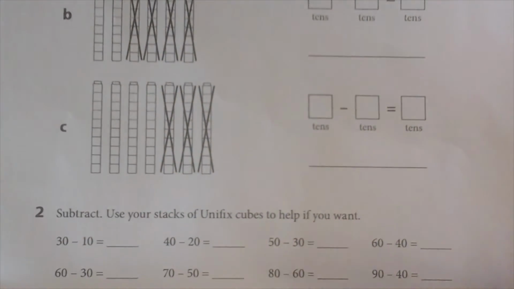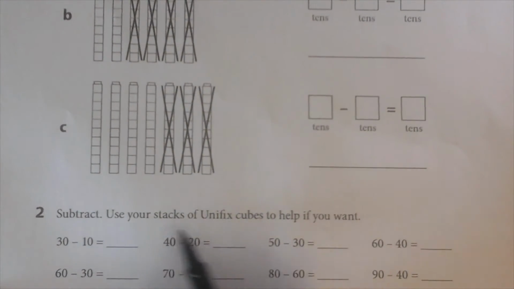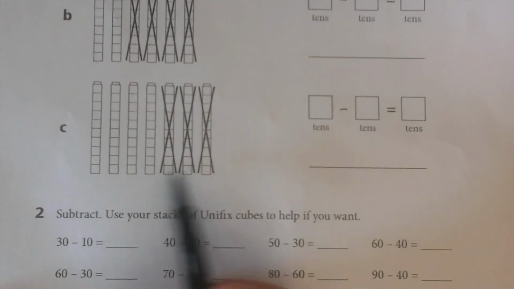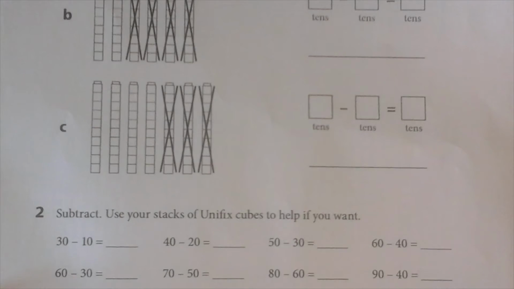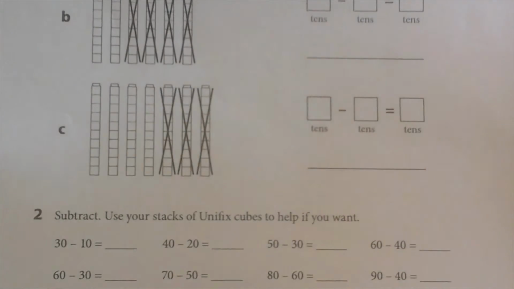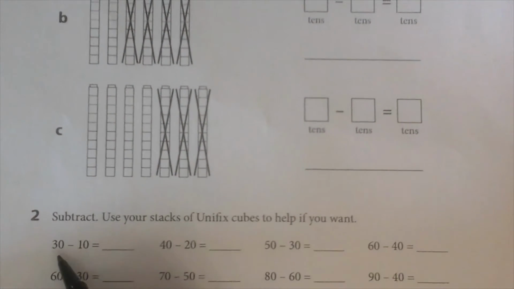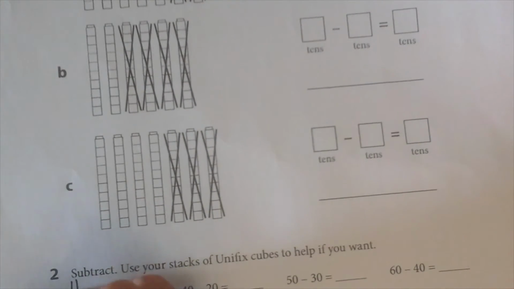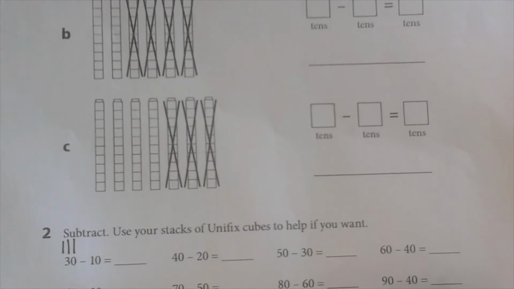All right. Down here, we want to just practice some subtracting. We can use some of these pictures above to help us to solve these problems if you need it. You could also think of your little fingers as sticks of 10, if that's helpful. So if you had 30 subtract 10, this could be thought of as 3 sticks of 10.